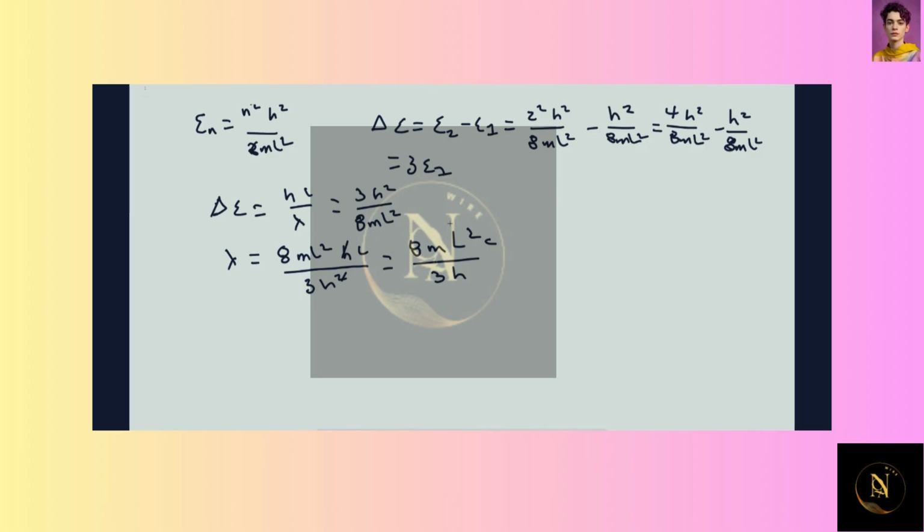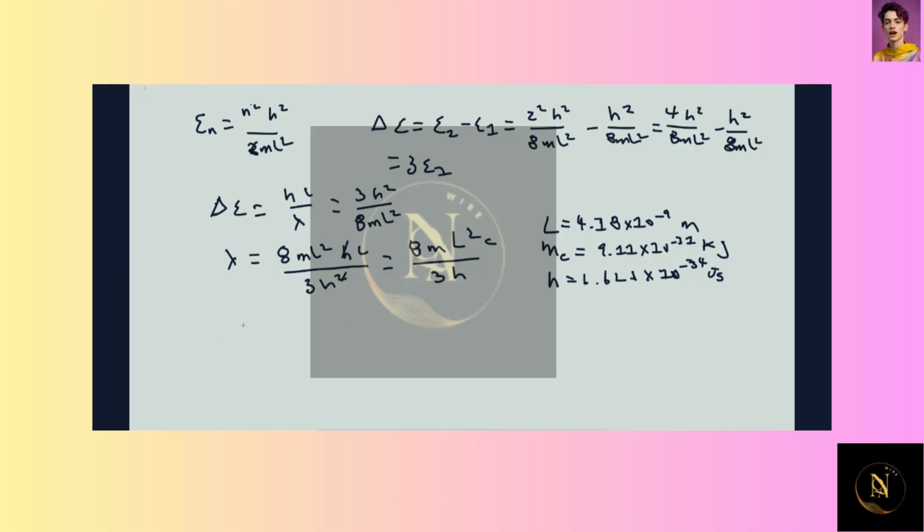Now we plug in the known values that we're given, which is that L is equal to 4.18 times 10 to the minus 9 meters, the mass of an electron is equal to 9.11 times 10 to the minus 31 kilograms, and h is equal to 6.626 times 10 to the minus 34 joule seconds.